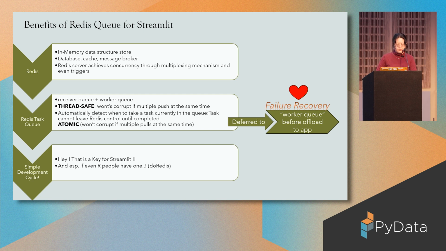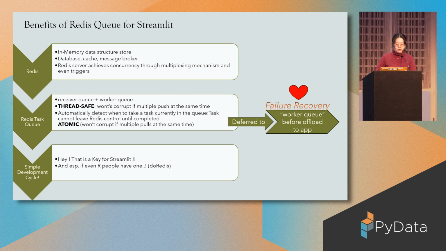From the Redis data structures, there's the Redis task queue, and it includes a receiver queue and also a worker queue. It's a thread-safe queue in the sense that it won't be corrupted if multiple workers are pushing or pulling from the queue at the same time.